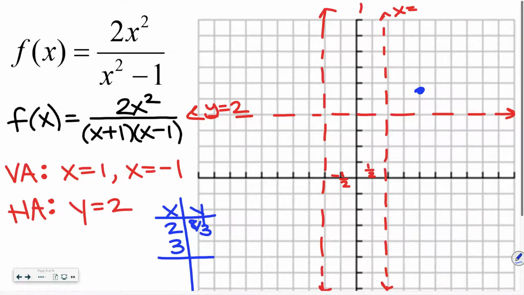That's 18 over 8, which is 9/4. So we at least know this chunk over here is going to look like this.